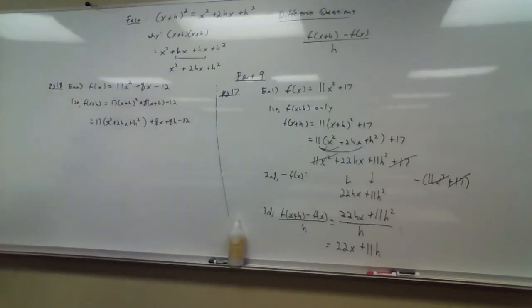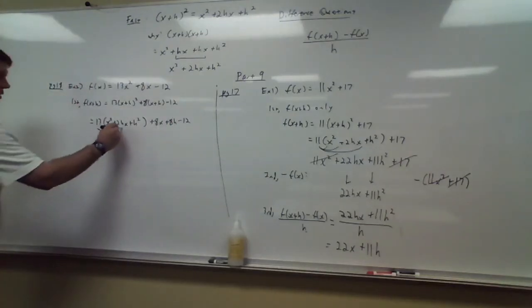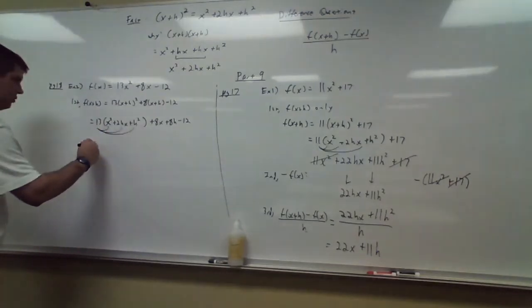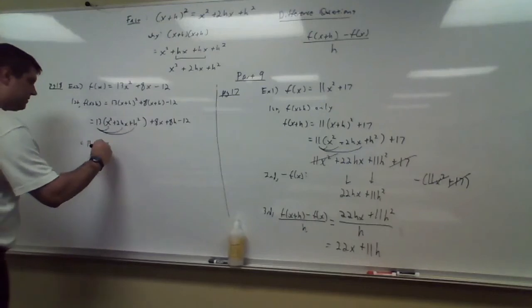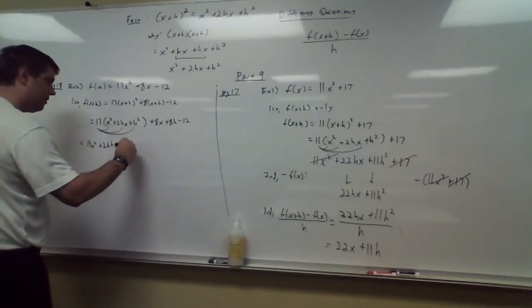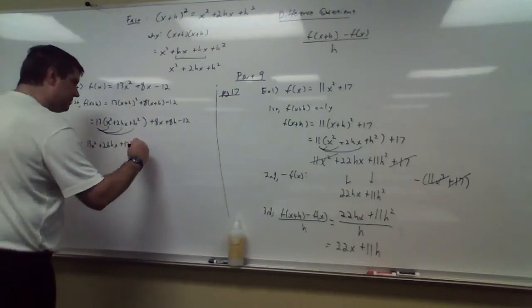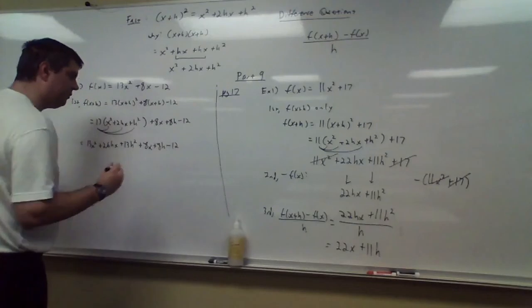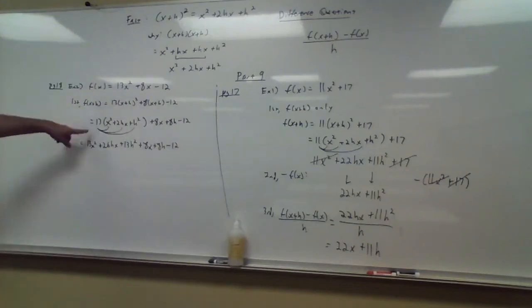So I'll be scooting back a little bit with each step. That gives me 13x squared plus 26hx plus 13h squared plus 8x plus 8h minus 12. Okay? Comes from all that.